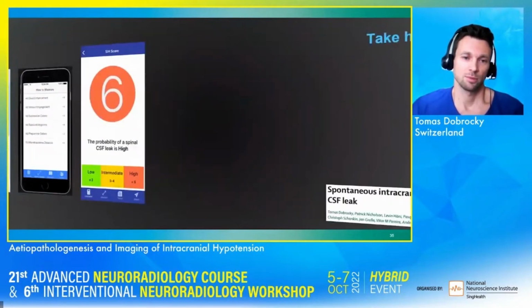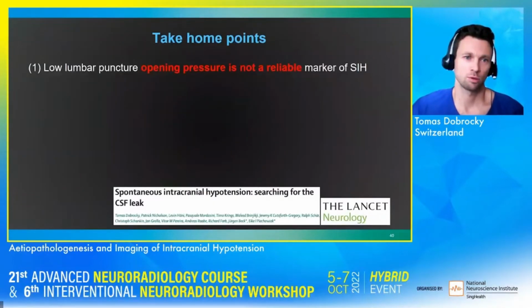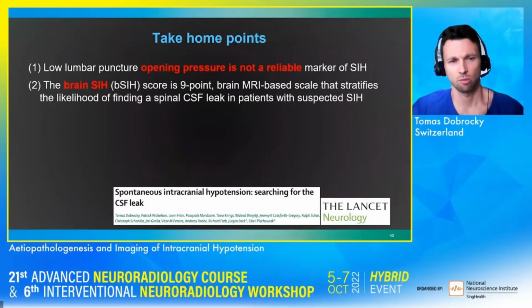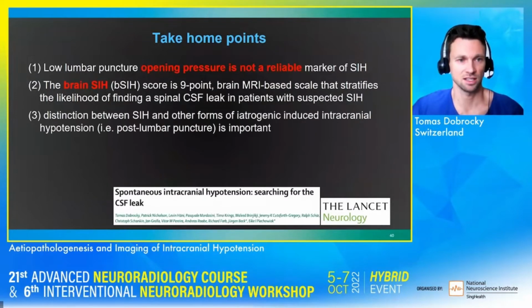So coming to an end, the low lumbar puncture opening pressure is another reliable sign in SIH patients. The brain SIH score is a 9-point brain MRI based scale that may help to communicate and triage patients who are suspected of having SIH.